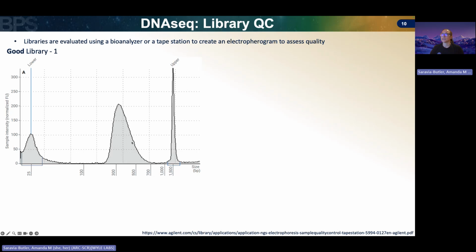As you can see here, you can go based on the sizes on the x-axis and see what size is the majority of your sample, the majority of your libraries. And we want to make sure that this size is conducive with how long we're going to be sequencing on the sequencing instrument.